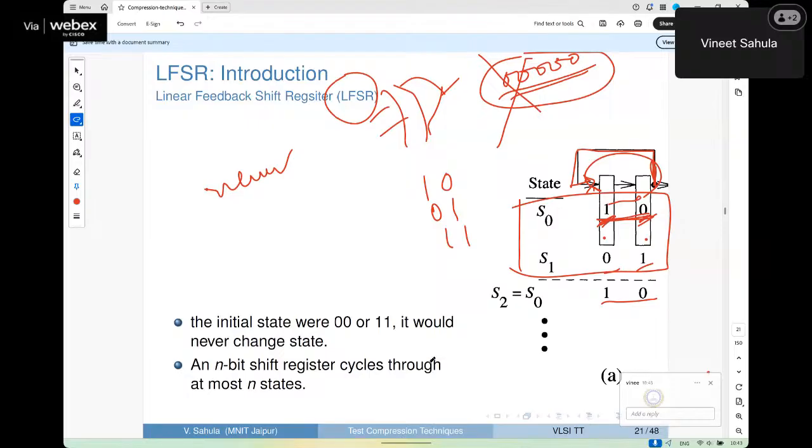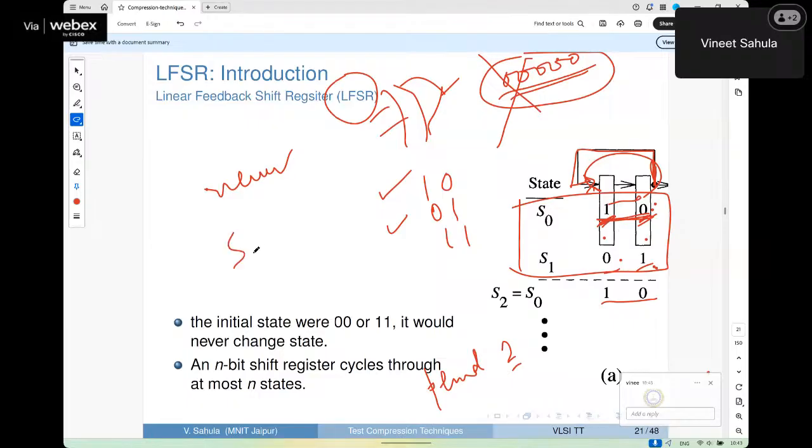So the period of this FSM or LFSR is 2. If the initial state is 1, 0, these two states can be reached alternately every time. Even if we start with 0, 1, the same states will be there.